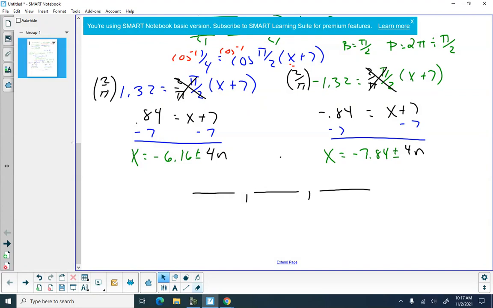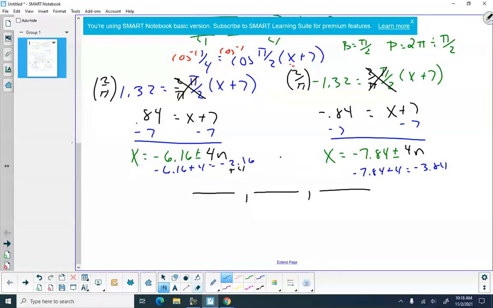So if I have negative 7.84 plus 4, I get negative 3.84. I'm still negative. If I have negative 6.16 plus 4, I get negative 2.16. I'm still negative. So we add another 4 to it. We keep adding 4s until we get positive values.